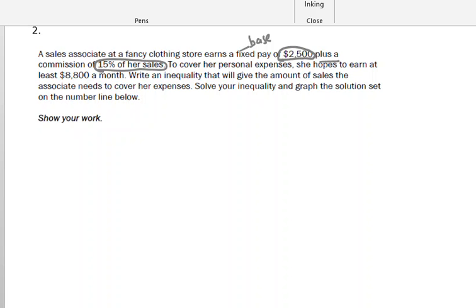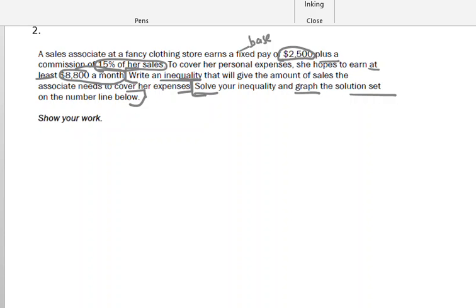To cover her personal expenses, she hopes to earn at least $8,800 a month. Write an inequality that will give the amount of sales the associate needs to cover her expenses. Solve your inequality and graph the solution set on the number line below.